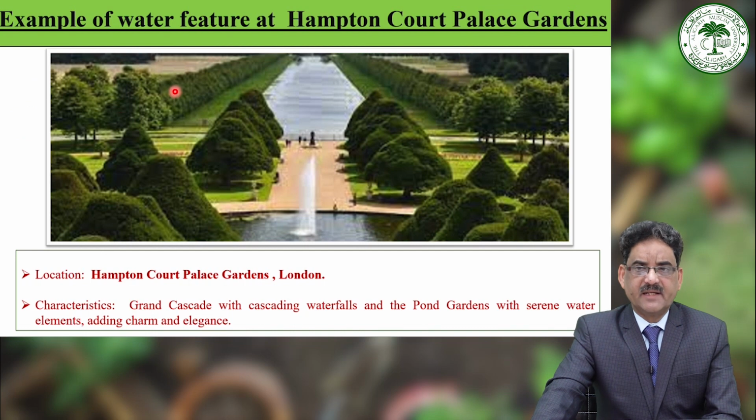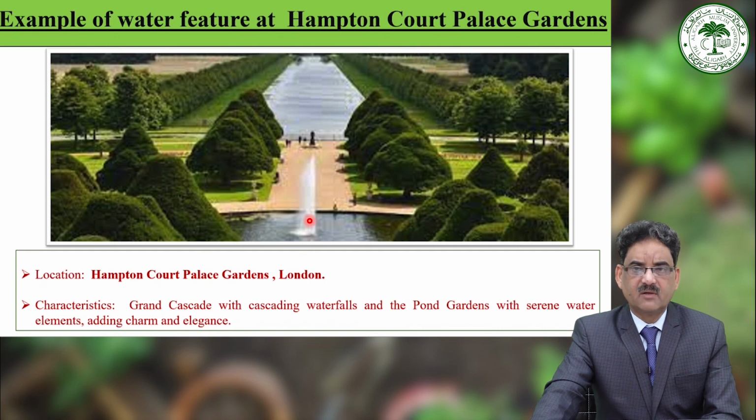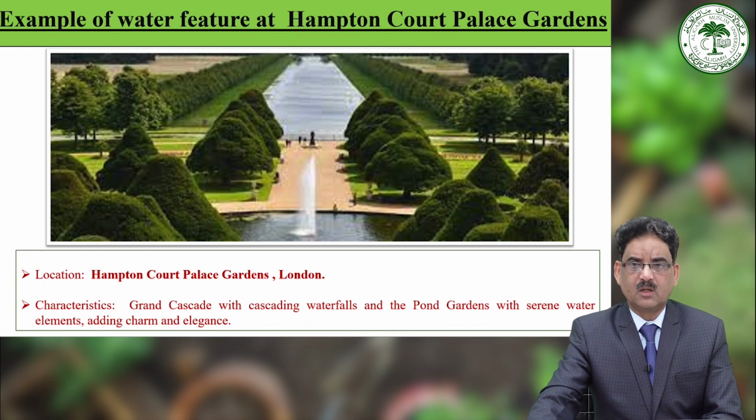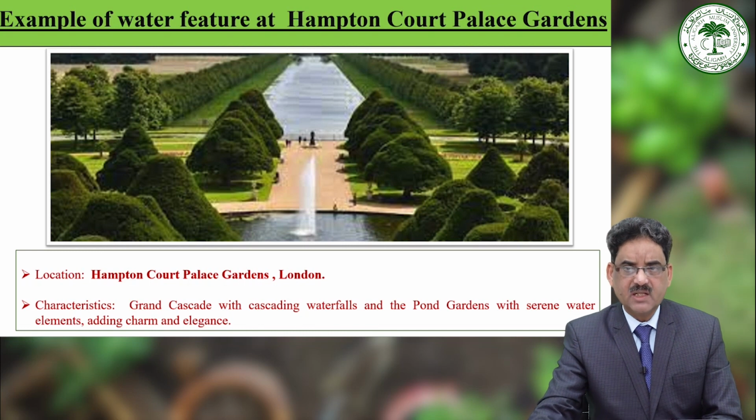This is an image of one notable English style garden with water features. It is the Hampton Court Palace Garden in London. This garden was originally designed in the 17th century.